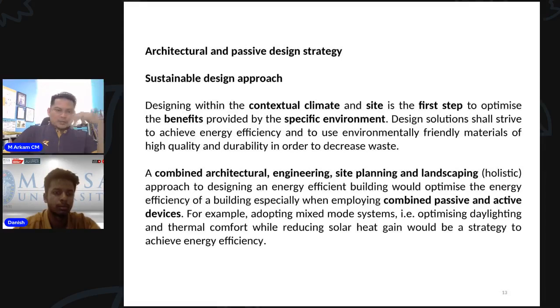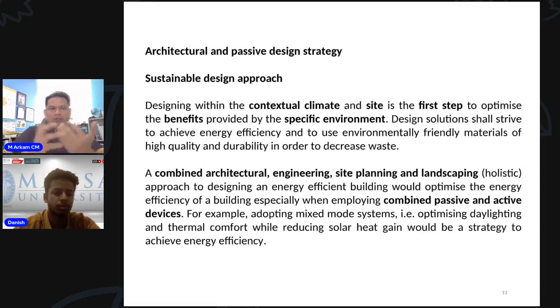as a holistic approach to design an energy efficient building. It will optimize the energy efficient building, especially when employing combined passive and active devices. So after all, we still need to use active devices. We cannot rely 100% on combined passive strategies; the active also needs to be introduced inside the building.